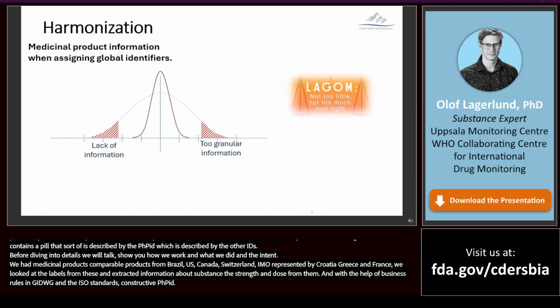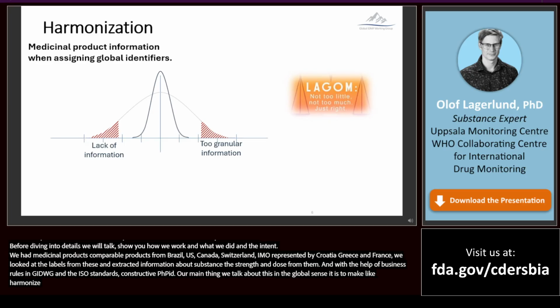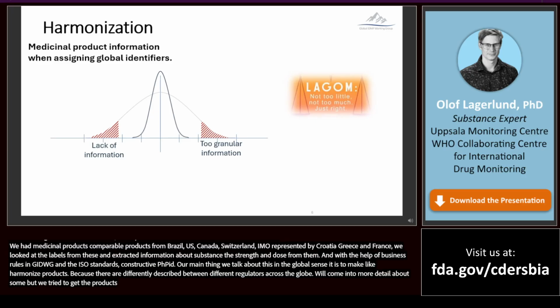A main thing when we talk about this in the global sense is to harmonize products, because they are described differently between different regulators across the globe. I'll come into more detail, but we try to get products that are comparable or similar grouped together with the PhPID.